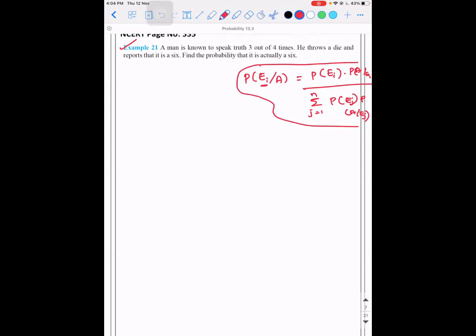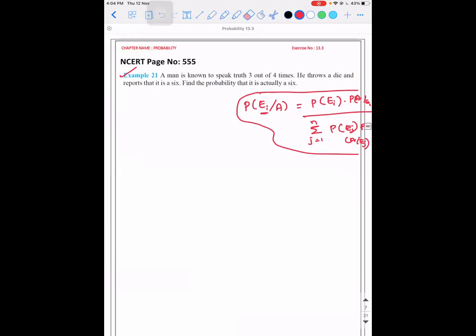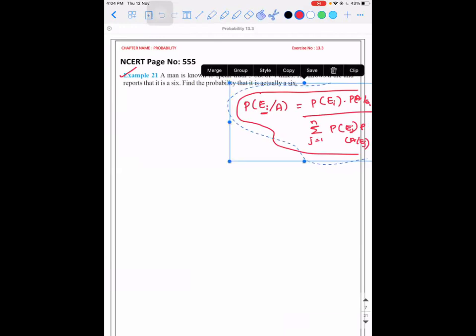They are mutually exclusive and, what? Exhaustive. Yes, they should be mutually exclusive and exhaustive as well, right? So let's solve this problem.